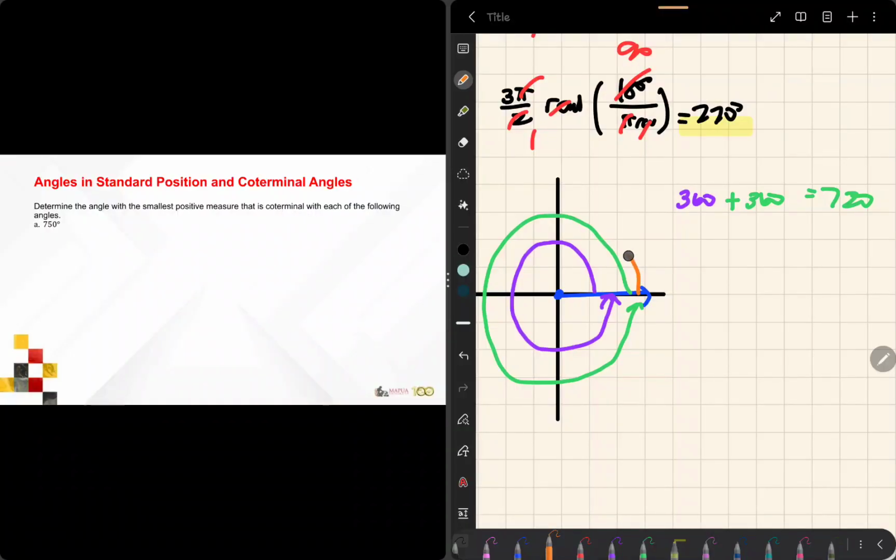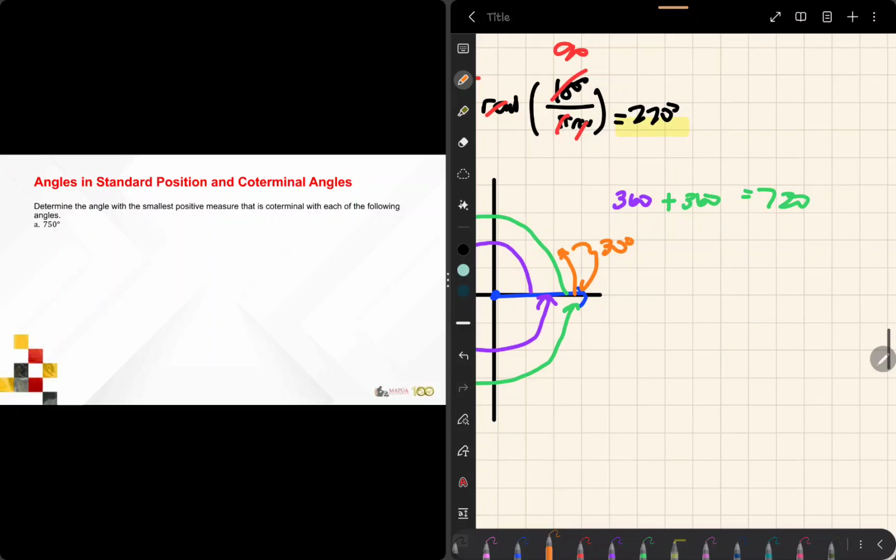again another 30 degrees. Okay, so now it rotated a total of 750 degrees. So for us to find its coterminal angle, all we have to do is subtract the 360 from it repeatedly.